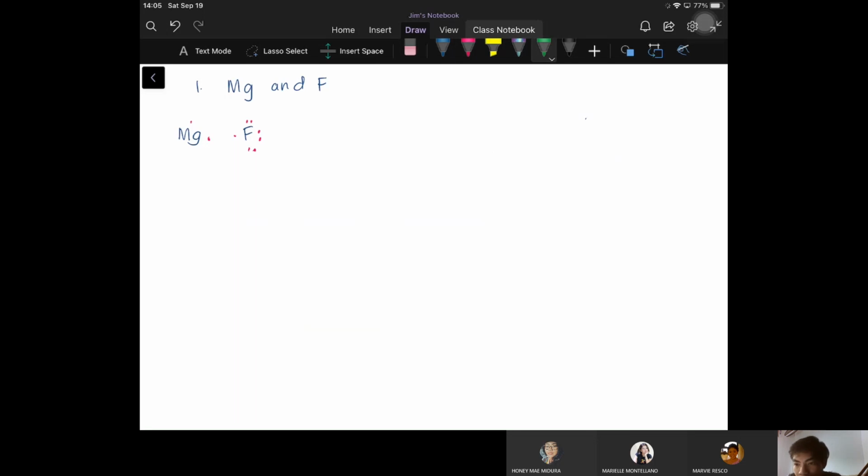So, ano mangyayari? Magnesium has 2 dots to offer kay fluorine. Si fluorine, isa na lang kailangan niya, kasi remember, group 7, isang electron lang kailangan. So, yung isang dot, mapupunta doon. Paano yung sobrang isa kay magnesium? Sa isa pang fluorine atom. So, may fluorine atom ulit.